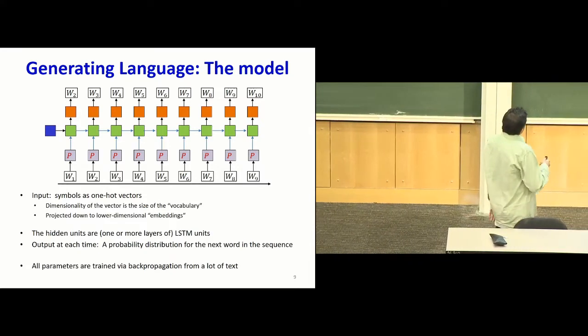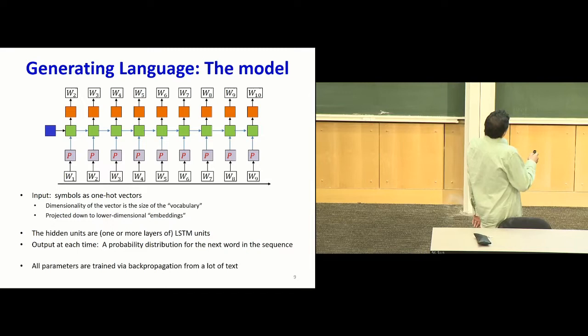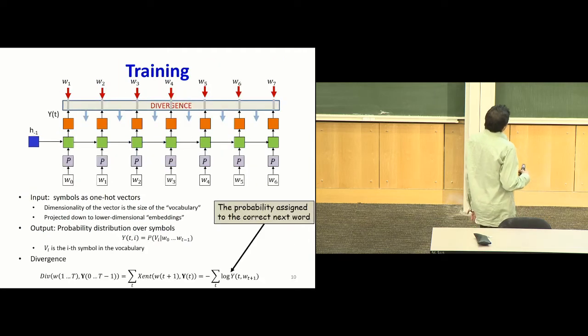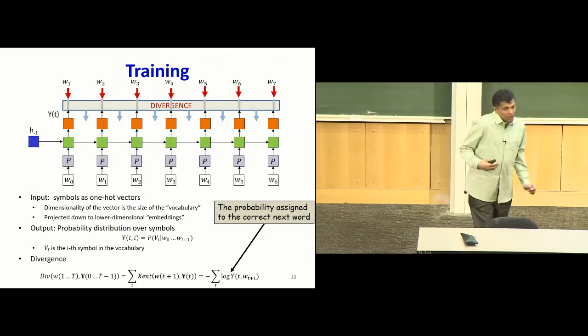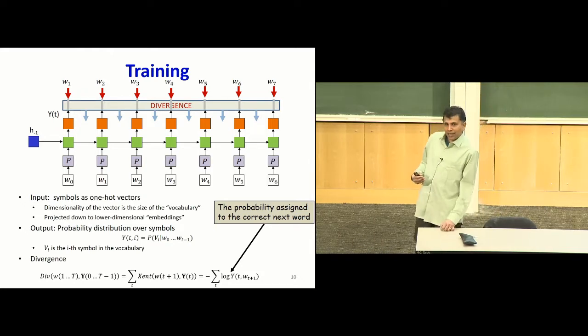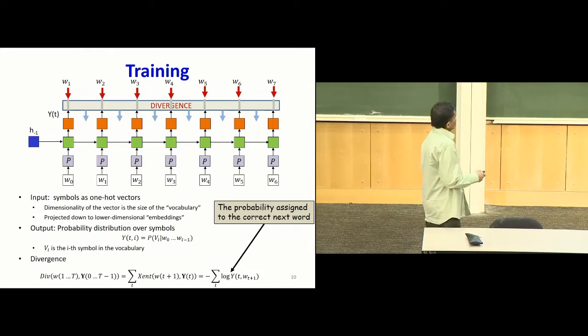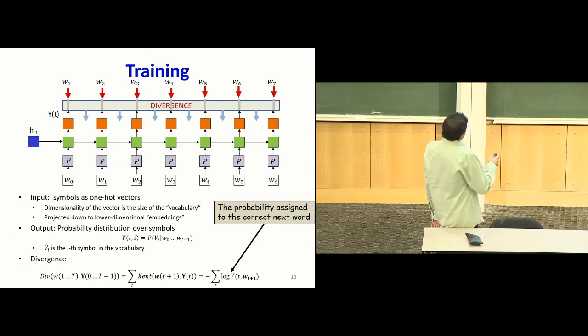Since the intention here is to be able to predict which words are most likely at the next time, given all the words we've seen until now, the way we will train it is to train it to predict the exact next word. So here the training data are simply going to be sequences of words, sentences. Now you'll be presenting the input as one-hot vectors, which will be projected down.